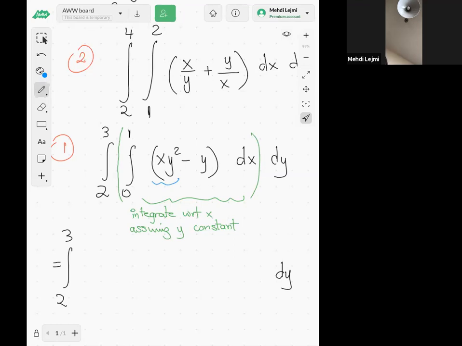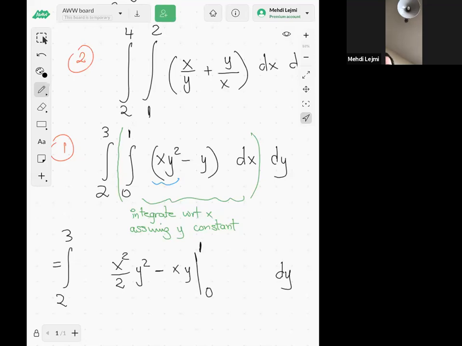Integral of x is x squared over 2, times y squared, the constant, minus, and then y is a constant. If you integrate a constant with respect to x, it would be x times the constant. So that's minus x times y. And we have to evaluate this from 0 to 1.